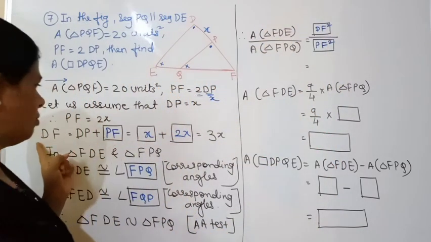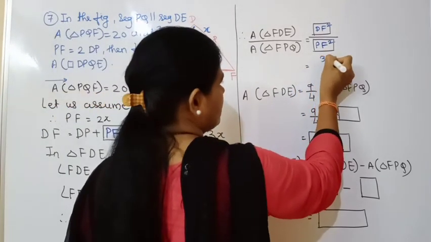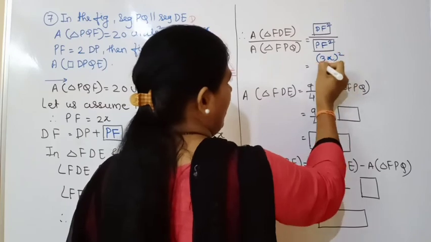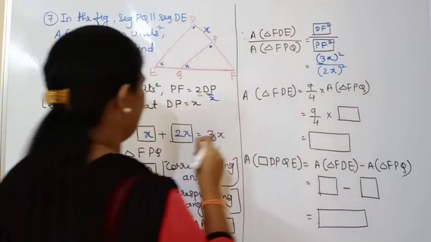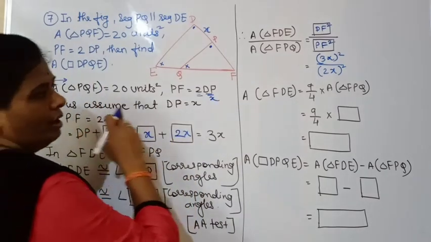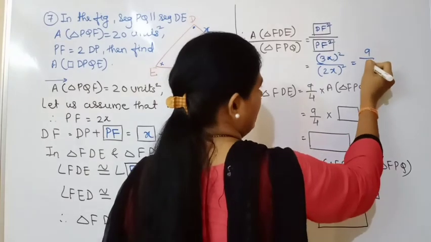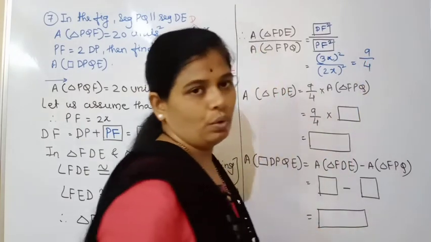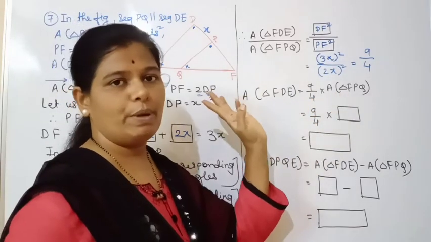We have the measurement of DF as 3X. So here 3X square upon 2X square, because PF is 2X. Okay. So the X square will get cancelled, and 3 square is 9 and 2 square is 4. So we have got 9 upon 4 into area of triangle FPQ.